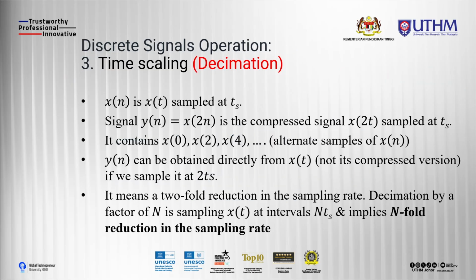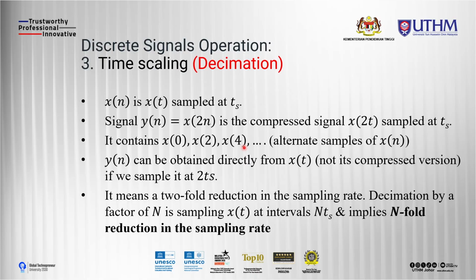Remember that x[n] is actually the continuous-time signal x(t), sampled at every Ts seconds. Now let's look at this signal, y[n] equal to x[2n]. This means that we only take x[0], x[2], x[4], and so on. So we are taking alternate samples of the original signal.